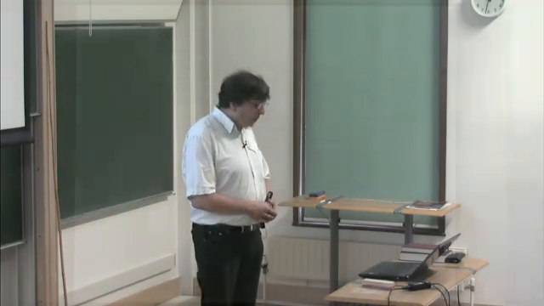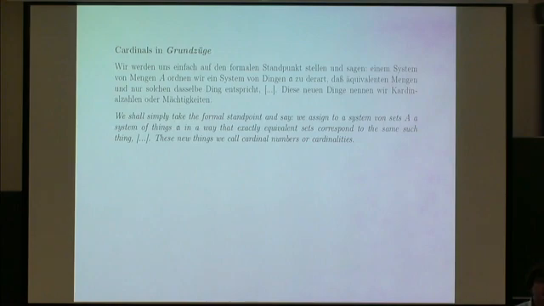For example, he wants to use that R^(n+1) is strictly greater than R^n. Now, when he met Cantor, he learns about the equinumerosity of the reals and its finite powers, and so he has to go back to his book and he has to learn about cardinalities to get these things in order.